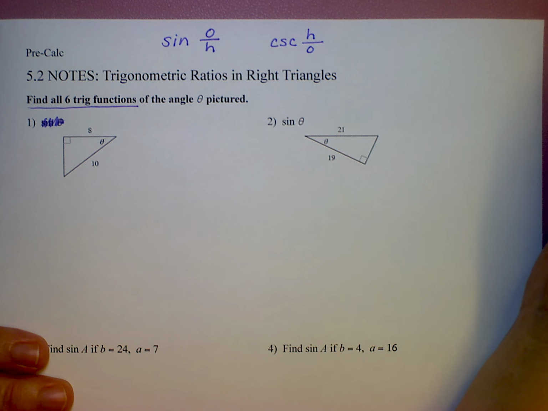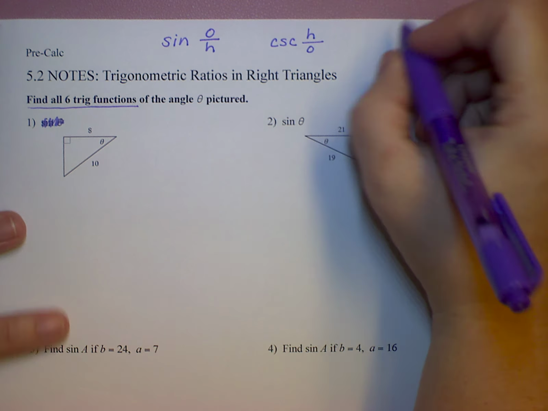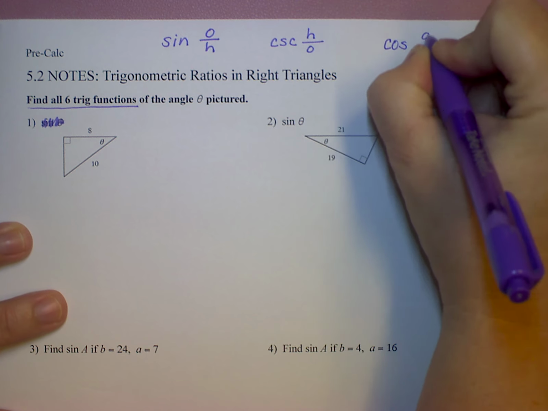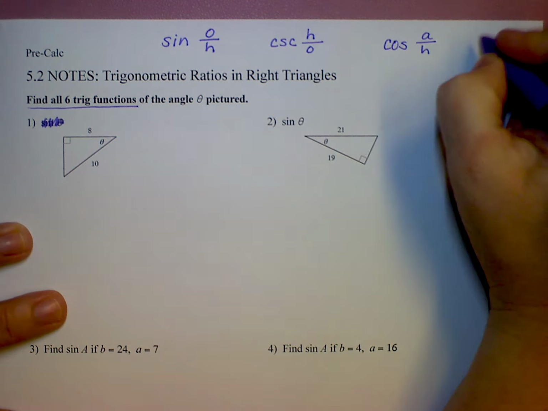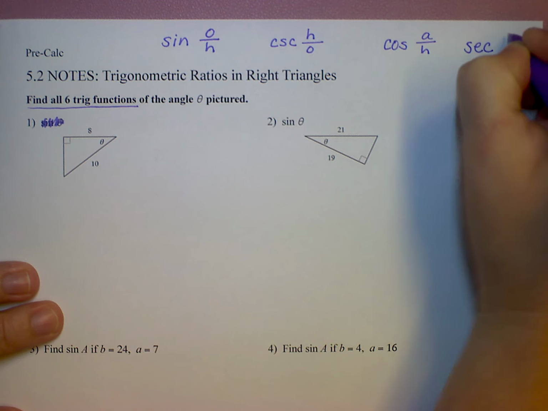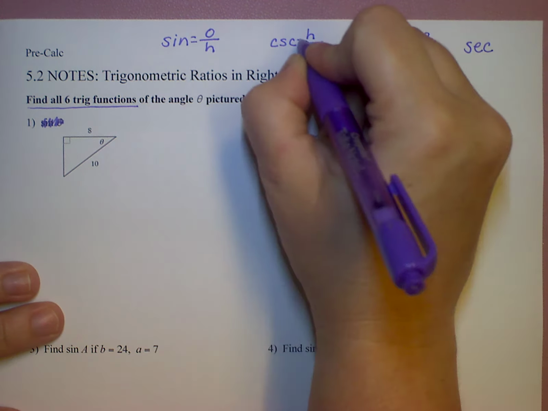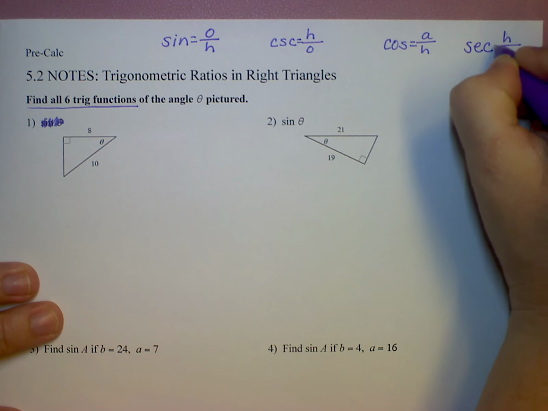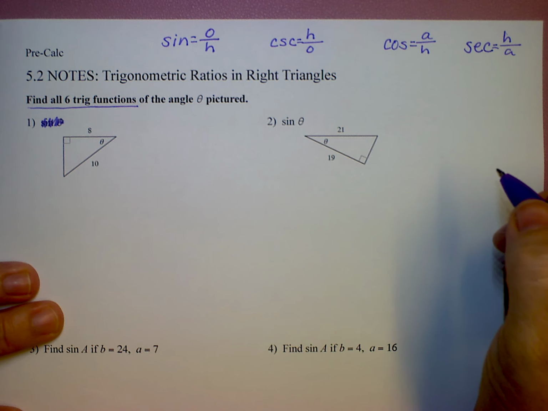Does that make sense? And then if we have cosine is adjacent over hypotenuse, the reciprocal of cosine is secant, and that's going to be, I should put equal signs here, hypotenuse over adjacent. You follow so far? Pretty easy.